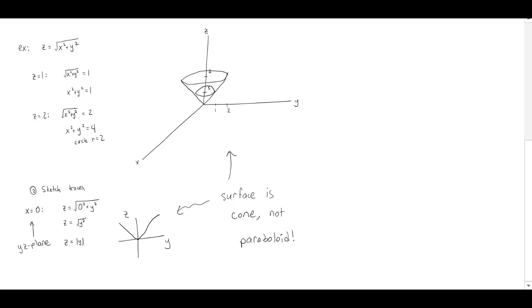Yeah, so if you're not too sure, looking at different traces will give you a better idea of what the figure will look like, okay? All right, is everyone good with that?